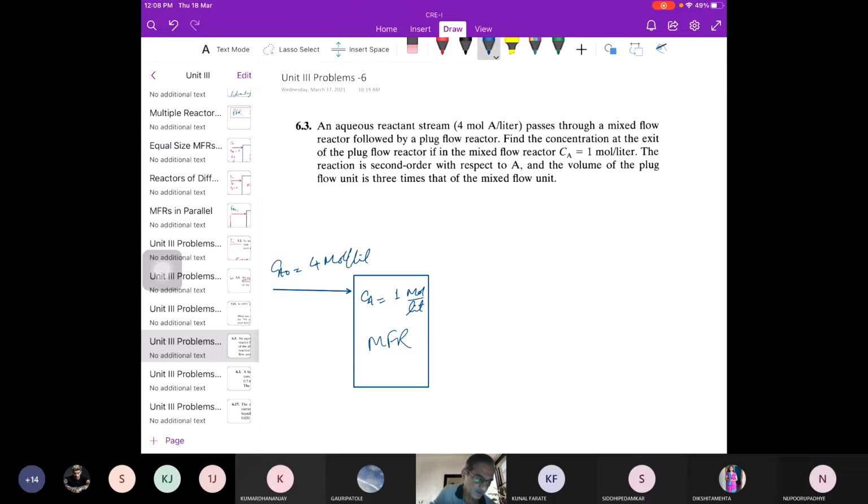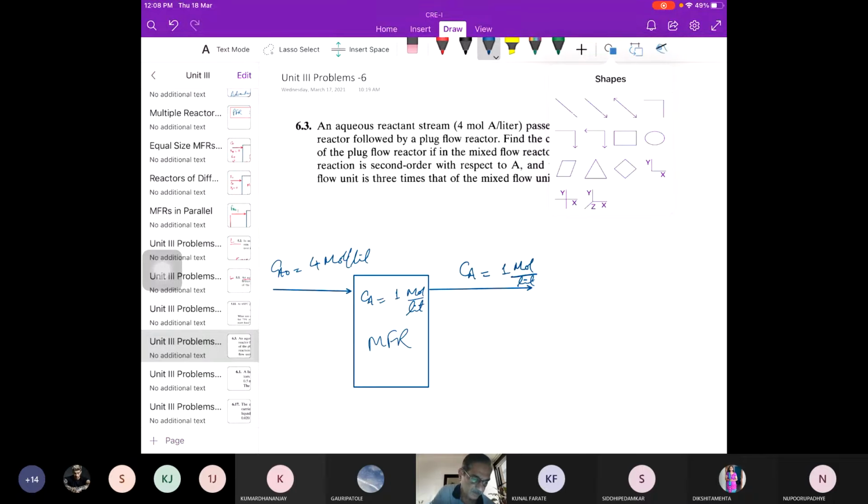So what we get out of this is a stream with Ca equal to 1 mole per liter, and that is going to a plug flow reactor.